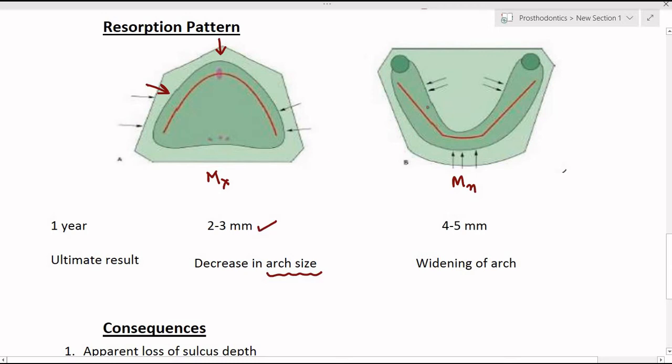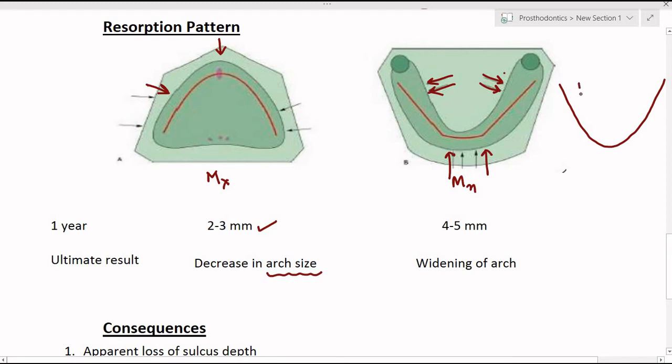Coming to mandible, again, this is our axis or the general center which we are going to consider. Here, anteriorly, you're going to see that the resorption is going to occur labially, like this. And posteriorly, it is going to occur lingually, this way. So if it is going to go in this direction and in this direction, eventually it will become larger, right?